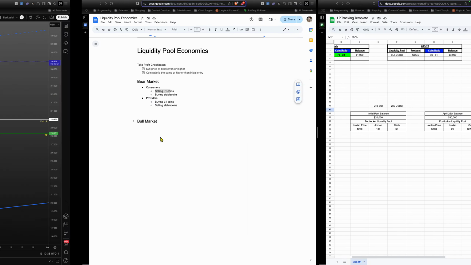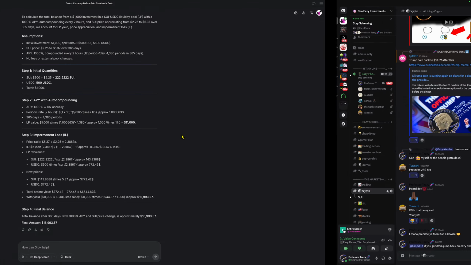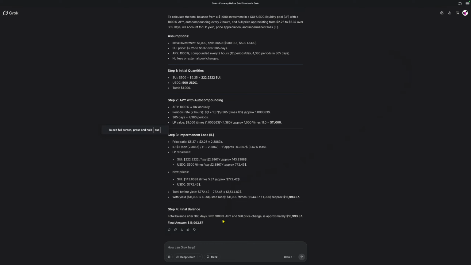I'm actually curious. Let me ask Grok real quick. How much US dollar transaction volume is there in America in 12 months? Let's call it average.